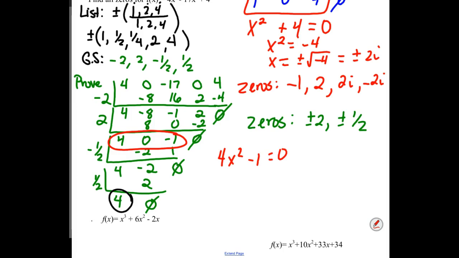We could have added the 1, divided the 4, and then square rooted. It would give us the 1/2 and negative 1/2. We could factor it and find our zeros that way. Okay, so you do have some options. As soon as you get it down to a quadratic, you have other routes you can go. If you want to keep doing it synthetically, that's fine too.